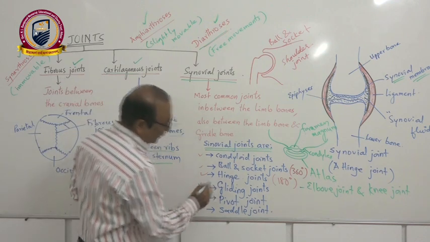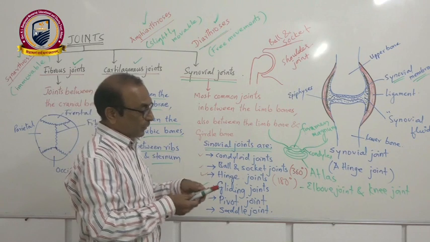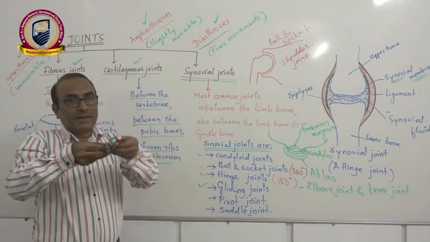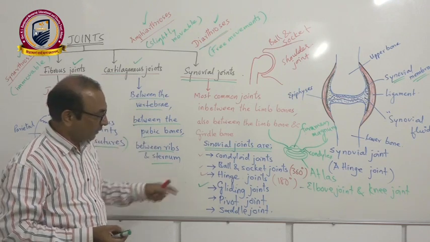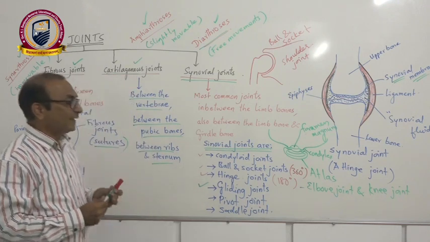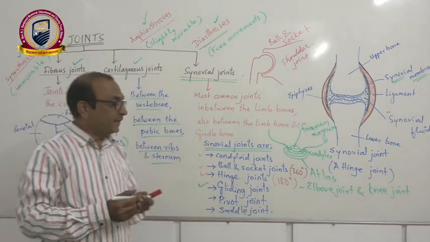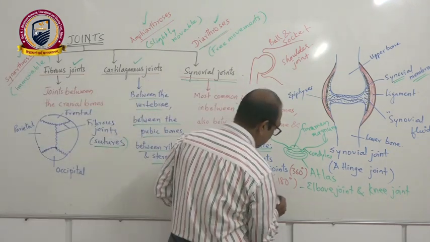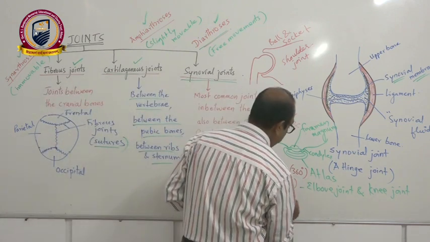Then, gliding joint. Gliding means when two plates can glide over each other, can slide over like this. So they are called gliding joints. Gliding joints allow limited movements, and we find these gliding joints in the wrist bones, that is, in between the carpal bones.